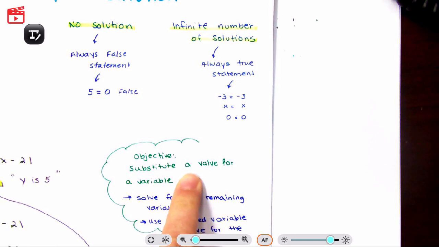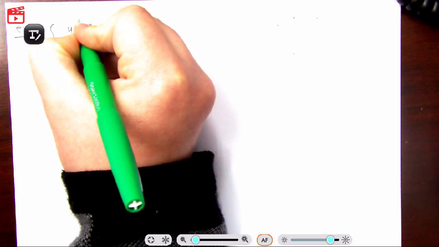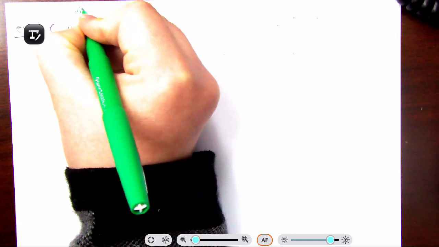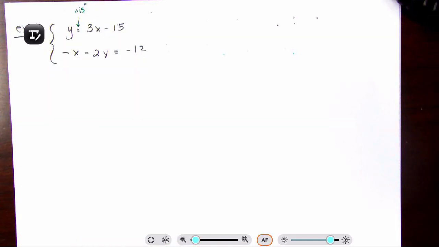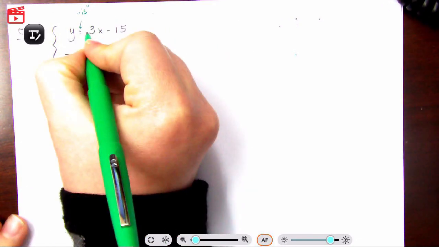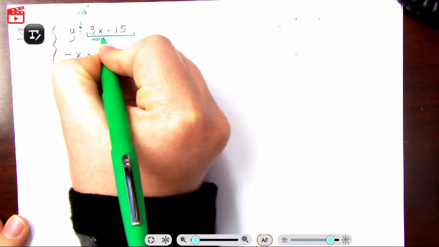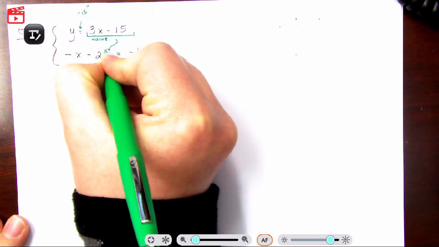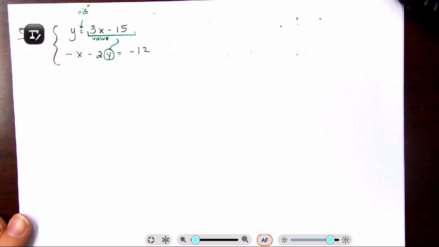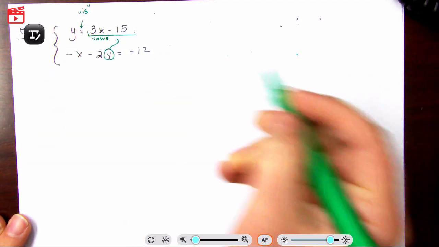Let's do that. Let's first substitute a value into a variable. Notice that I have y is. This equals is translated as is. So y is. That means that this is my value that I need to substitute in for my variable y, because they give me y is. So how would this look?